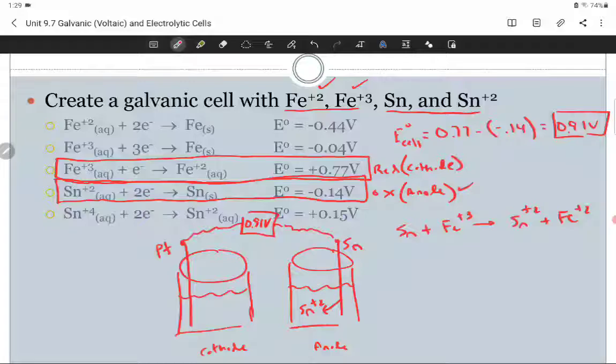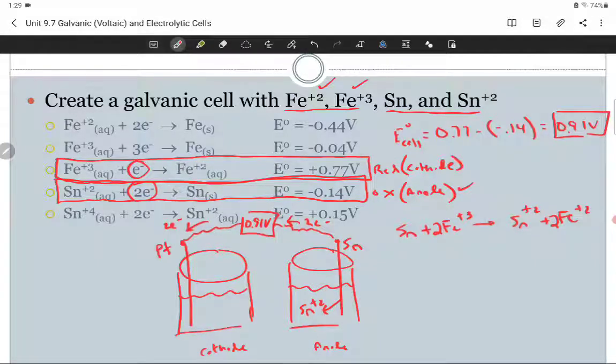Now, that's not going to balance unless you do that. And how did I know to do that? Because 1 electron, 2 electrons won't cancel, so the entirety of the iron half reaction has to be multiplied by 2. So 2 electrons are transferred, and it's always from anode to cathode.